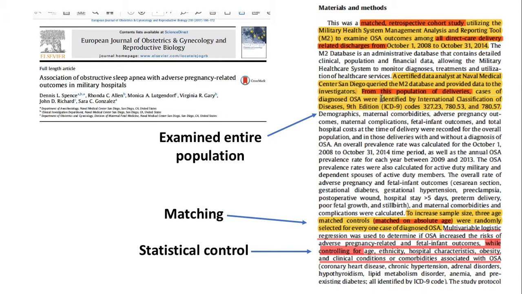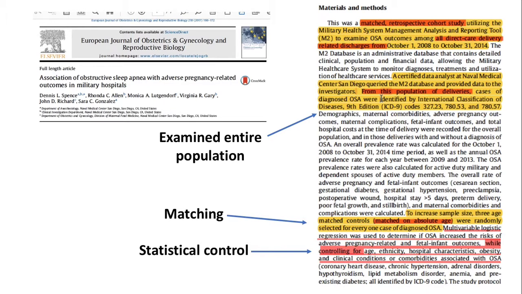All right, here's an example of a use of matching as well as statistical control. This is from a paper that we published a couple years ago, where we looked at the association of obstructive sleep apnea with adverse pregnancy-related outcomes in military hospitals.